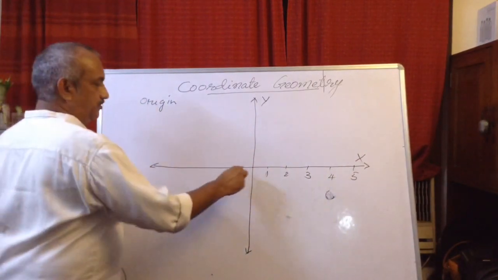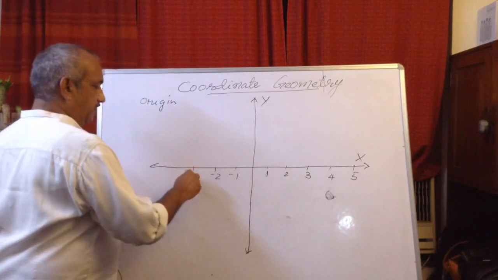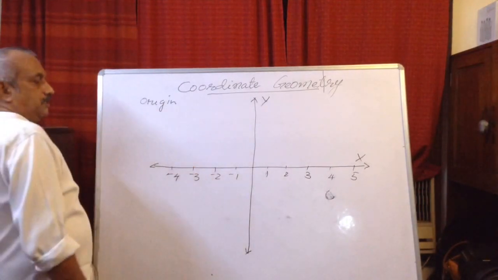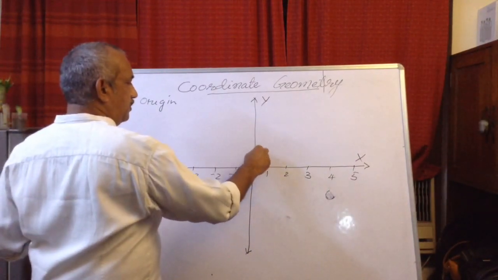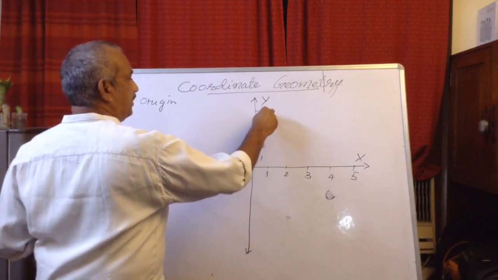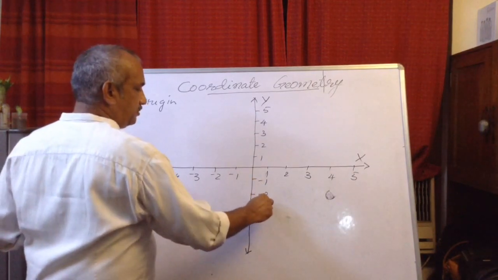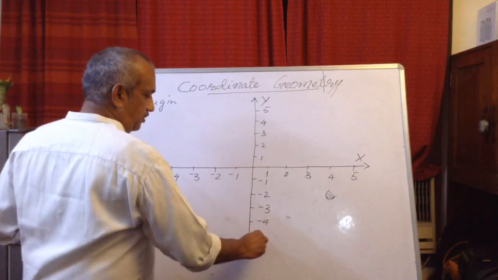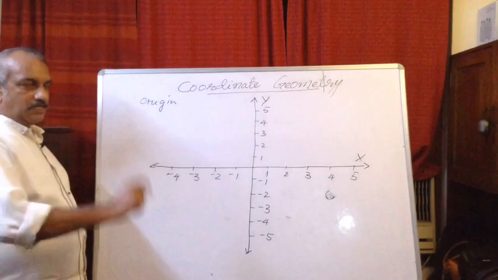On the left side of 0, minus 1, minus 2, minus 3, minus 4, etc. Like this. Again, this is 0. So above 0, positive 1, 2, 3, 4, 5, etc. And below 0, minus 1, minus 2, minus 3, minus 4, minus 5, etc. Like this we'll mark.